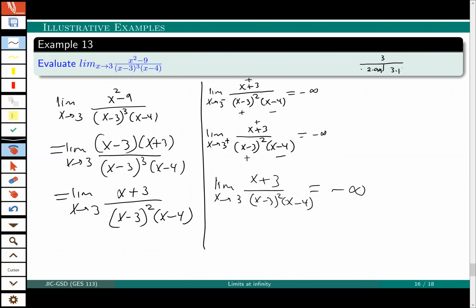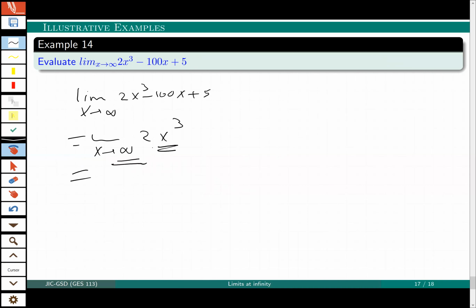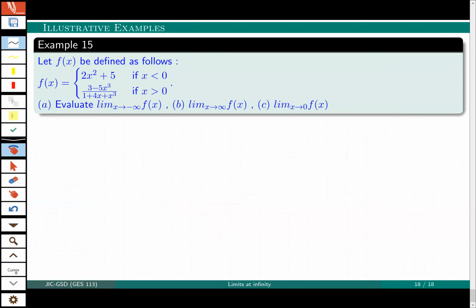We still call it doesn't exist because exist means going to a constant real number. If x goes to plus infinity of 2x cubed minus 100x plus 5, we take only the largest power, which is 2x cubed. So if this is going to infinity, 2 times infinity still will be infinity.